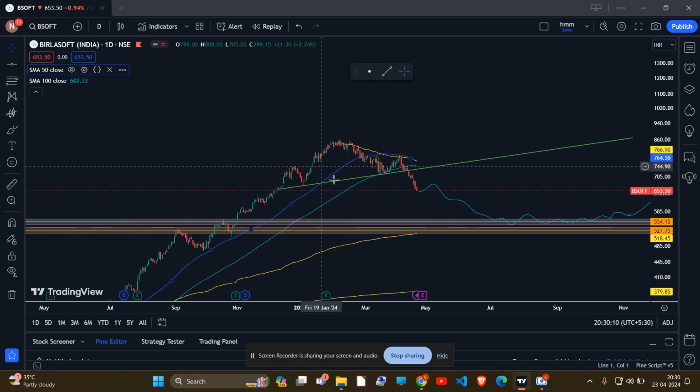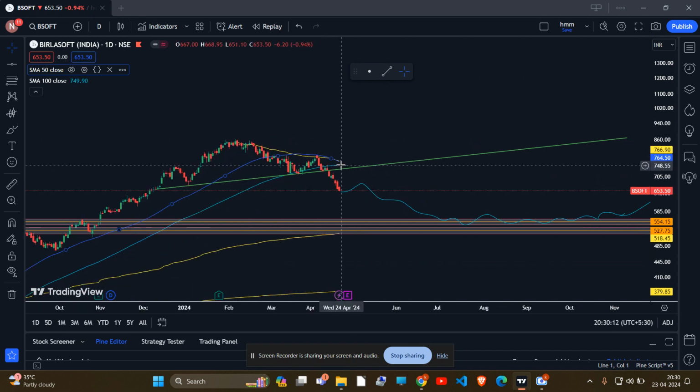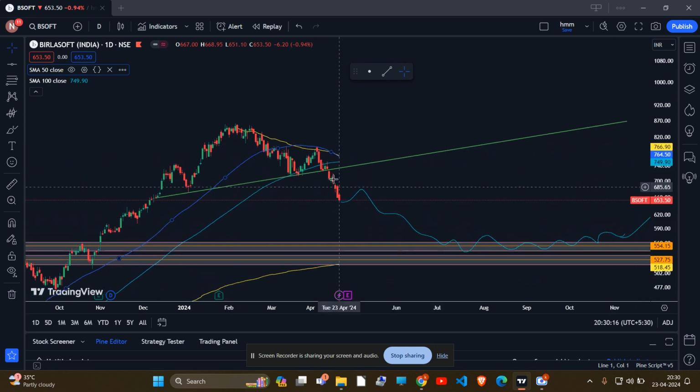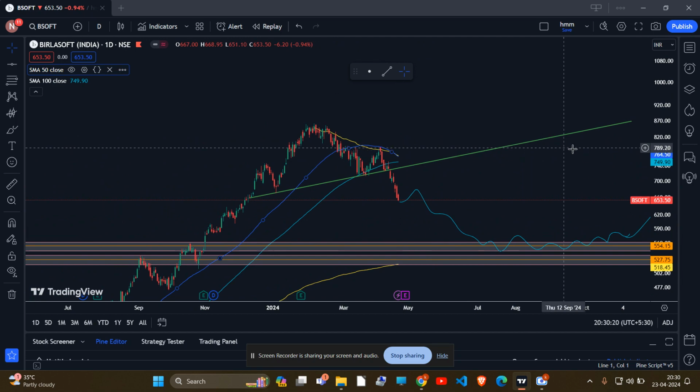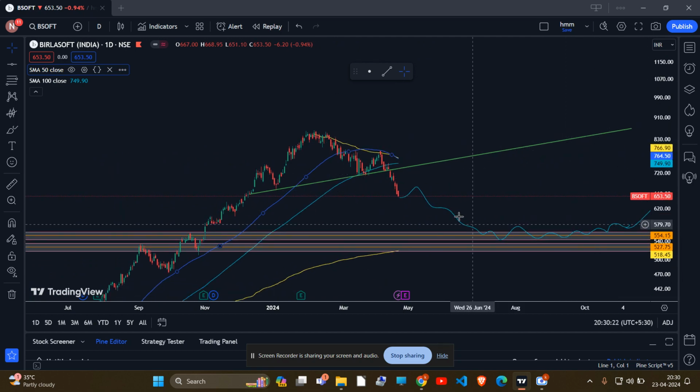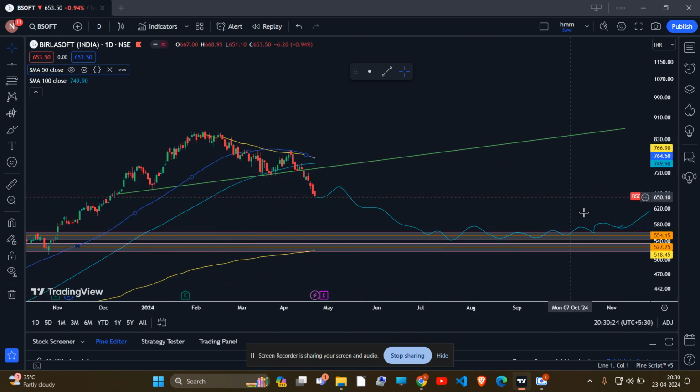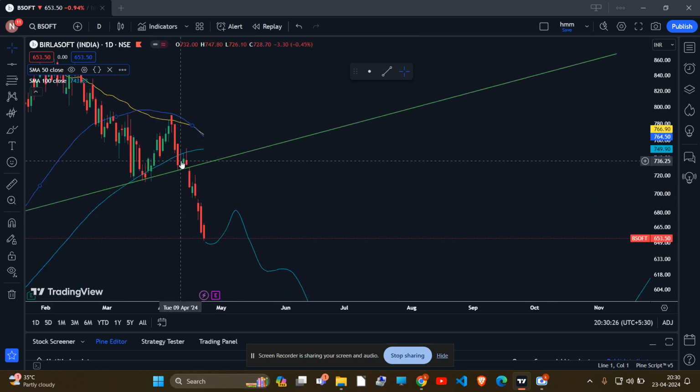it got rejected from both the 100-day and 50-day simple moving averages over here. It formed a pinch between the two simple moving averages. It is considered to be a very bearish signal. You can clearly see how it got rejected from the 100-day simple moving average on the daily time frame on 12th April, 11th April, 10th April, 9th April.